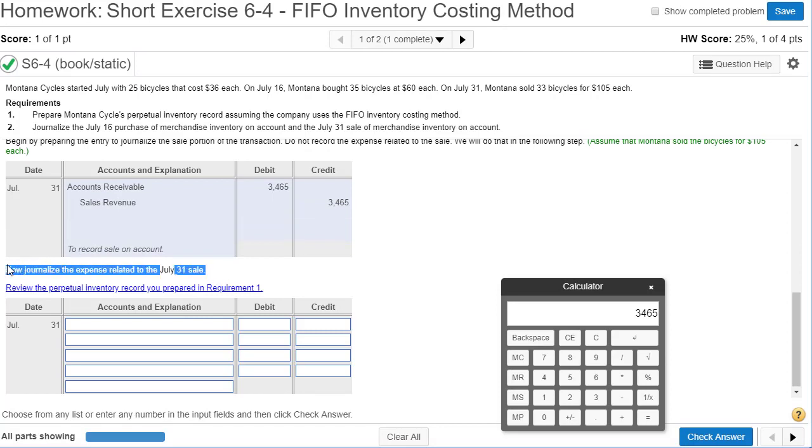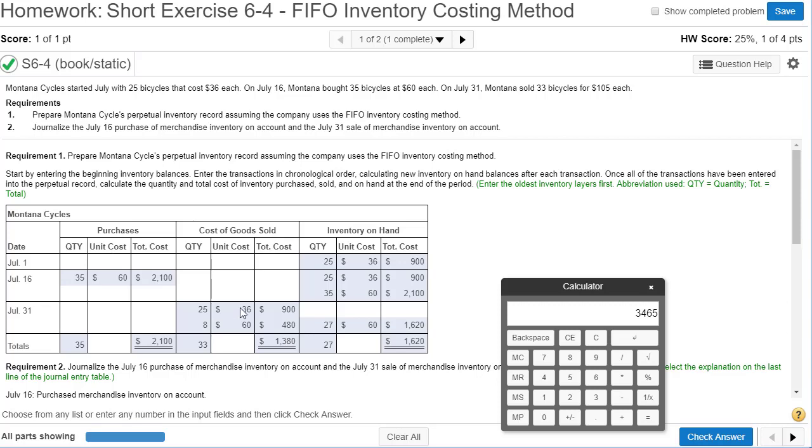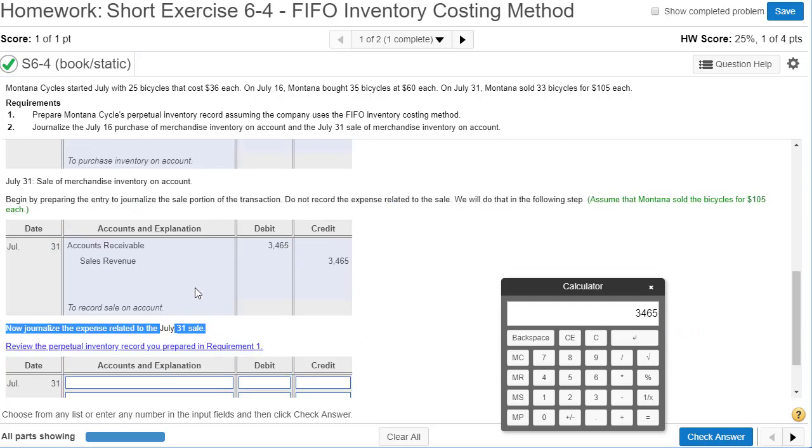So now it says journalize the expense related to the July 31st sale. Review the perpetual inventory record you prepared in requirement 1. And as I mentioned before, if this is a test, they're not going to give you this link because this link shows you the answer. So on the test and the pretest, you would have to scroll up here to find this information.